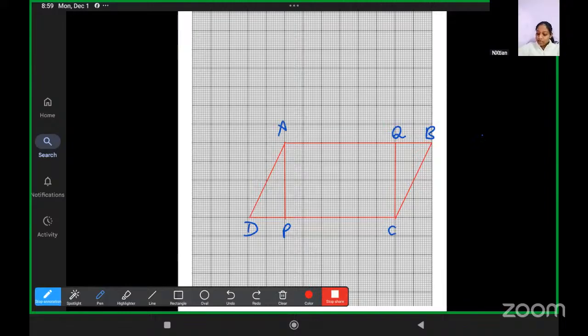DC, the whole thing, is 8 centimeter. Okay, and how much is PC?